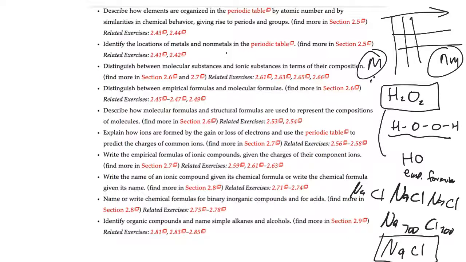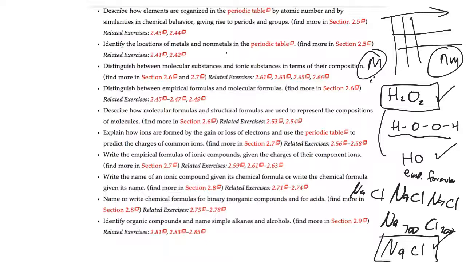We'll also see how you can experimentally find an empirical formula from experimental data when we get into Chapter 3. We might find that we can determine an empirical formula, whether it's a molecular or ionic compound, from some experimental data, and then from some additional experimental data, if it's a molecular compound, we can figure out that substance's molecular formula. Maybe you can recall that type of example from your high school chemistry, but we'll get into that in Chapter 3.